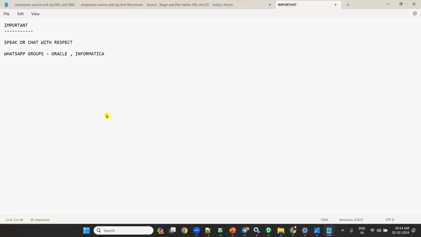I'm especially telling ladies or girls, if you are getting any unwanted message from a group member personally, okay, unwanted means apart from Informatica, they should ask only about Oracle or Informatica. If they ask you about your personal details, if they are asking inappropriately, then please block them and report to me immediately and ping me on 81052968.